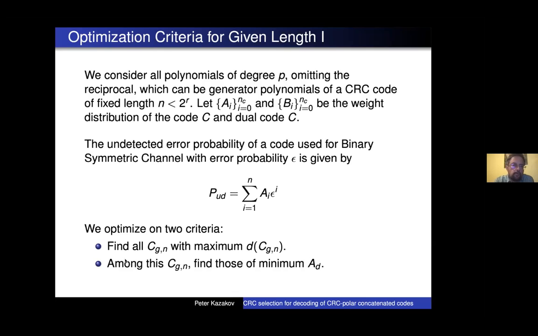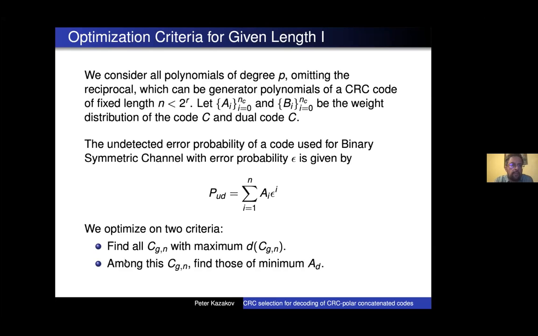So basically, when we investigate these polynomials g of x, we have to investigate all possible polynomials, and with the increase of p, here I put r, but with the increase of p, this is getting quite a large number of polynomials.